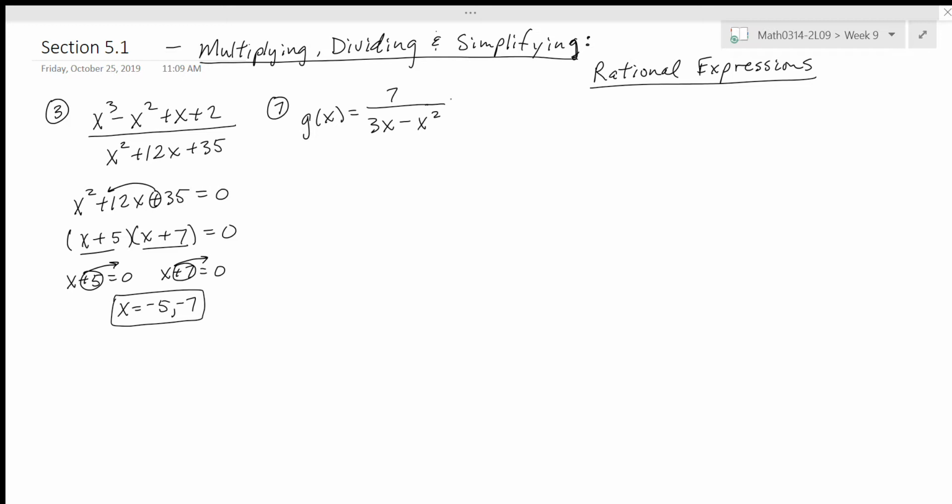I think that's what we were just hinting at, wasn't it? So this time it does ask me to find the domain. Write set builder notation and interval notation. So we're going to have to write it both ways.